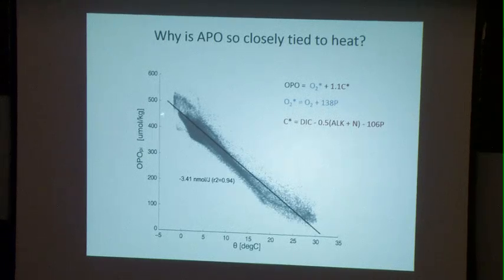And so this tracer is, as you can see, very strongly correlated to potential temperature. That means that the air-sea fluxes that drive changes in this should be very closely associated with the air-sea fluxes that drive changes in potential temperature, which is namely heat loss or gain. So we expect association with heat.